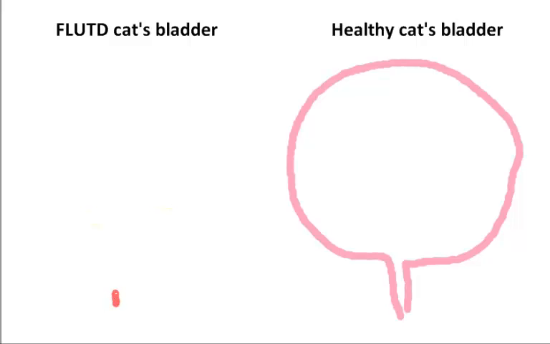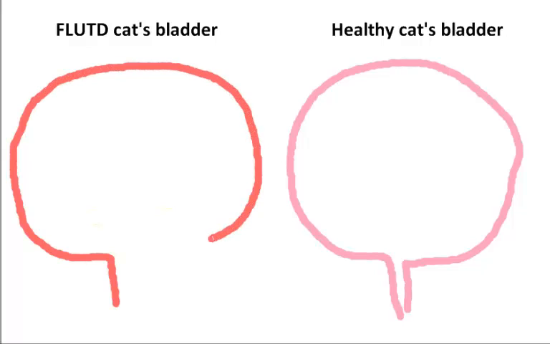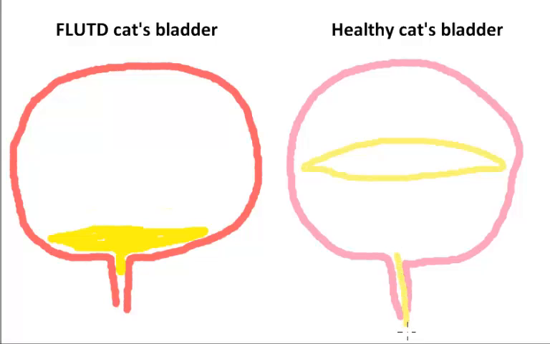So in a FLUTD kitty, these cats typically are on a lower moisture diet, so the amount of urine they produce is very low. This results in them not having to urinate very frequently. And one of the things that we know about all animals is that frequent urination is part of the defense system.